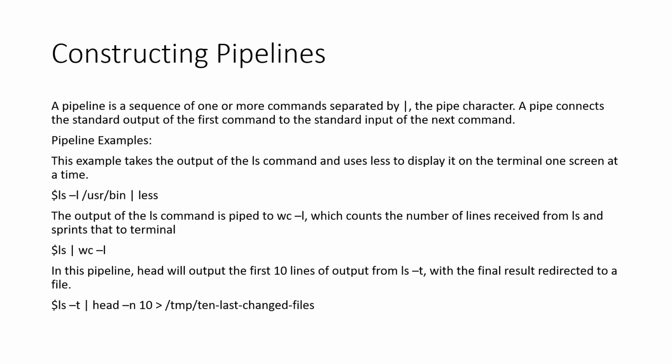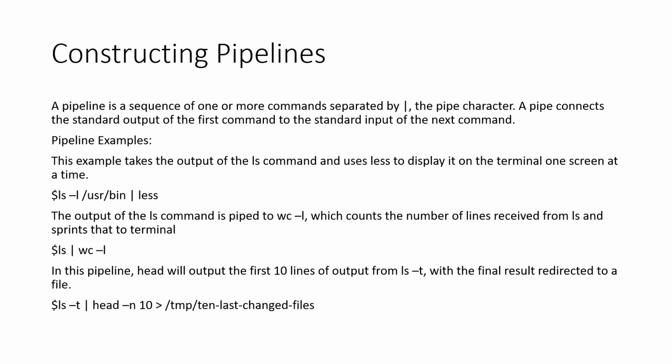Constructing pipelines. Okay, a pipeline is a sequence of one or more commands separated by the pipe character. A pipe connects the standard output of the first command to the standard input of the next command. Pipeline examples: suppose I'm going to execute a command, echo and a message, and I'll pipe that command.